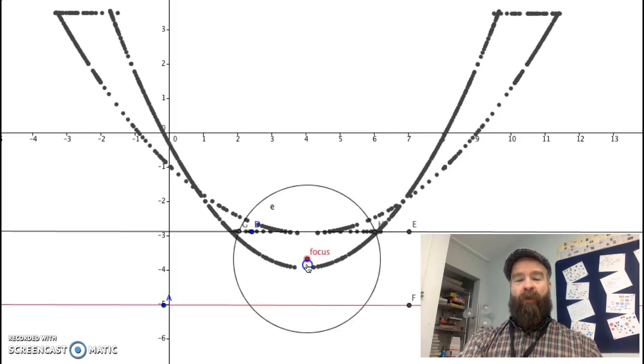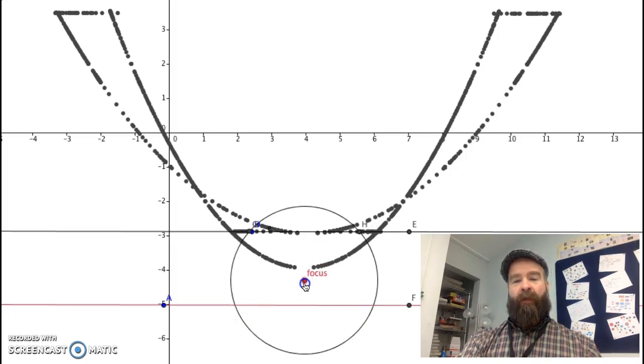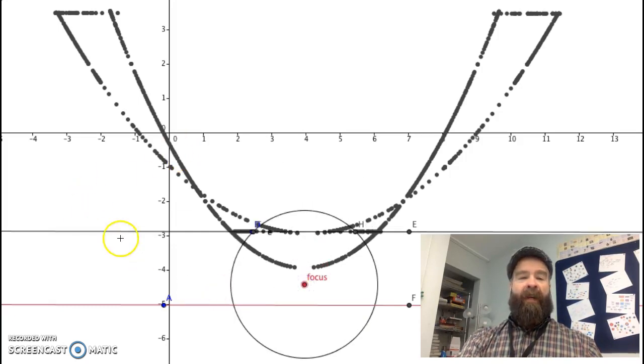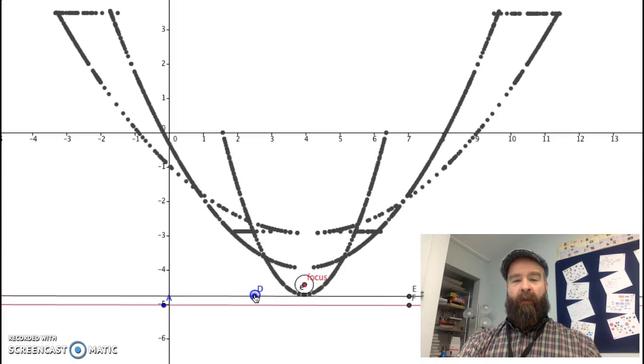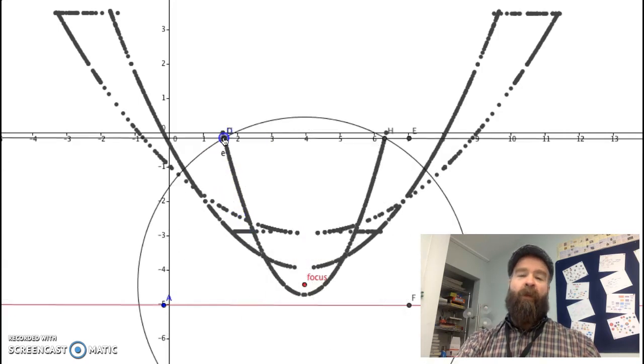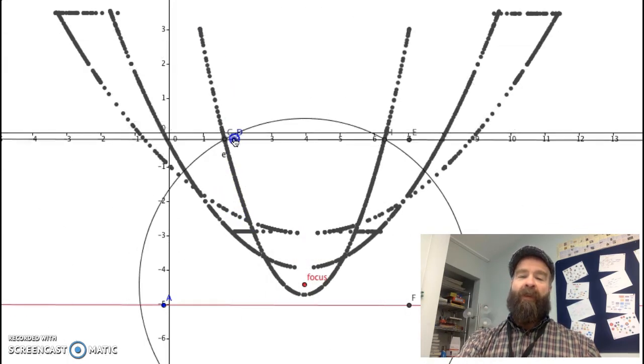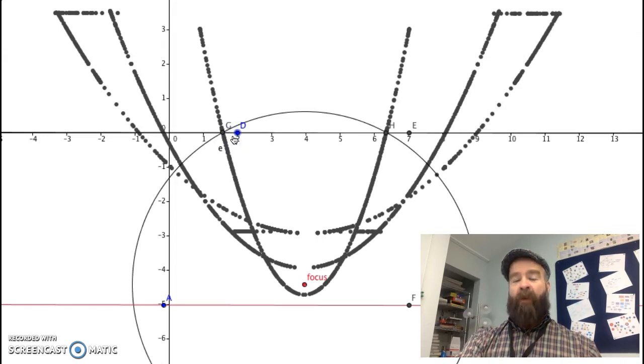The closer the focus is to the directrix, the narrower it's going to be. So the closer you move the focus to the directrix, the narrower the parabola. The farther you move the focus from the directrix, the wider the parabola. And there's a demonstration of the definition of a parabola.